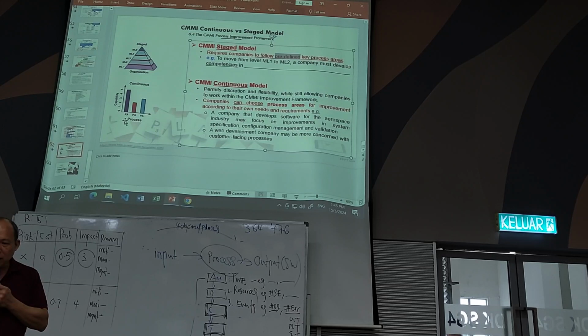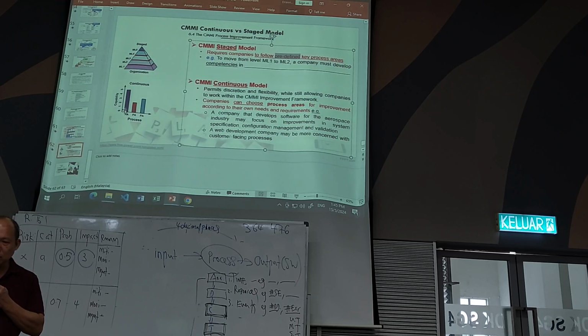PA means process area. So the organization can choose a process area to develop their level of competency.